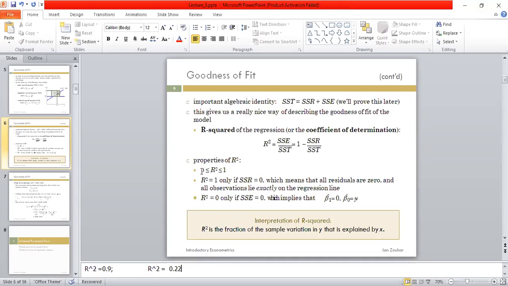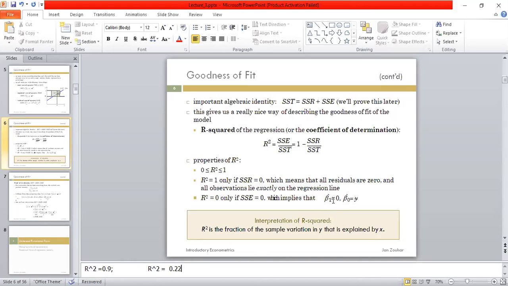Yeah, so R squared lies between 0 and 1. That's what you're saying? No, the last one. The properties of R squared, the last one: R squared is equal to 0 only if SSE is equal to 0, which implies that beta 1 hat is equal to 0 and beta 0 hat. Oh, okay, okay.